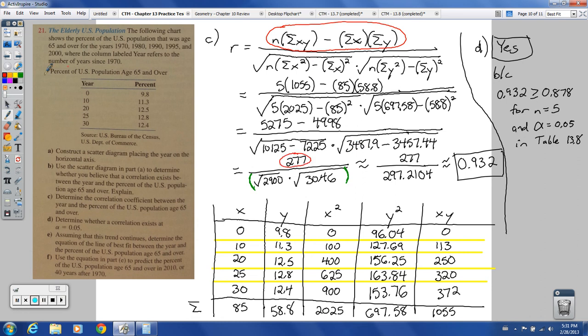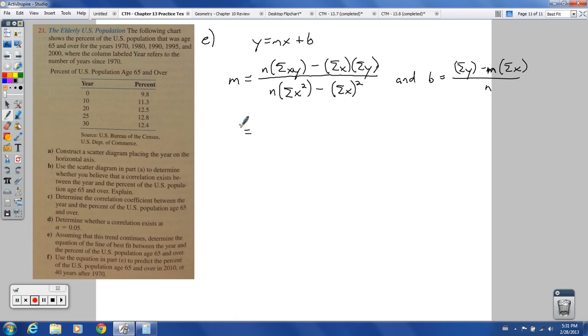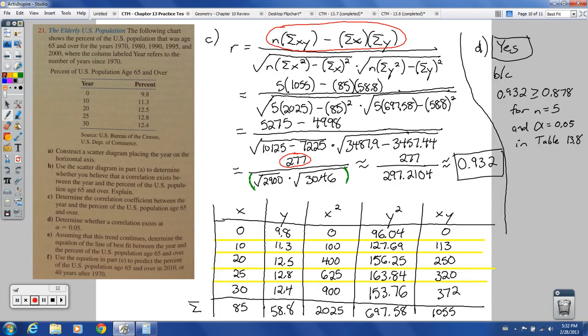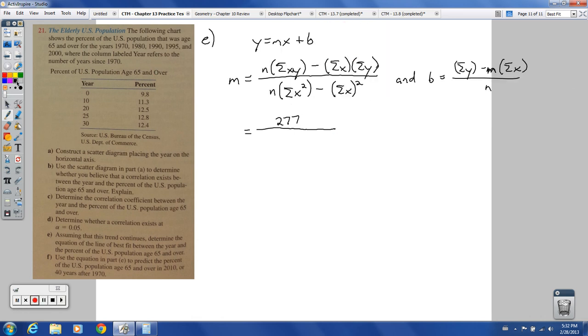So I'm going to use that same work and just write in that was 277. And then this, the sum of the x squared, all that stuff, that's the same thing as what we have under the square root right here. So no need to do that work again. That ended up being 2900 in the end. So right here, that should be over 2900.